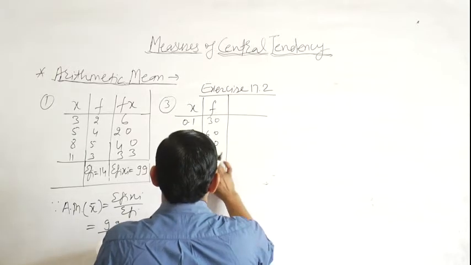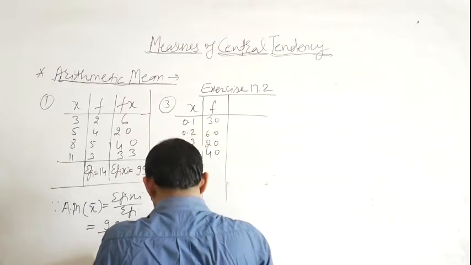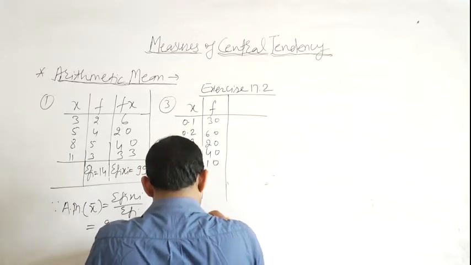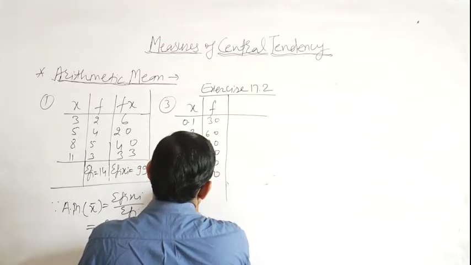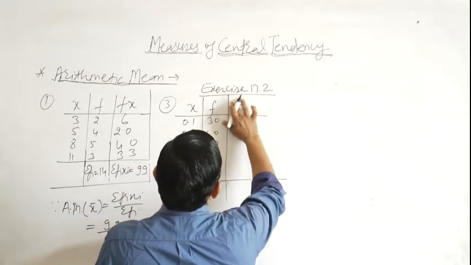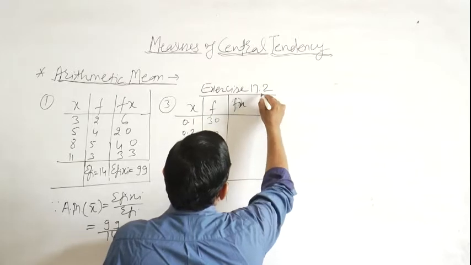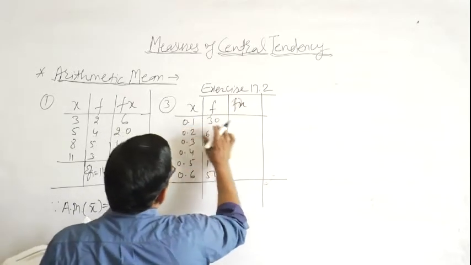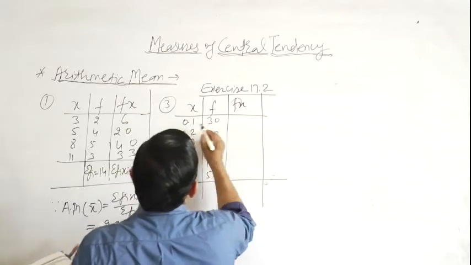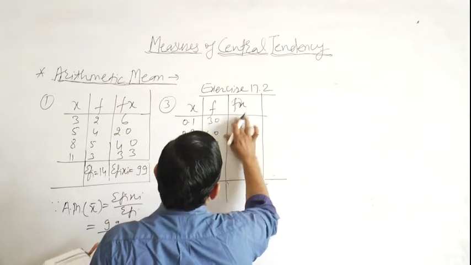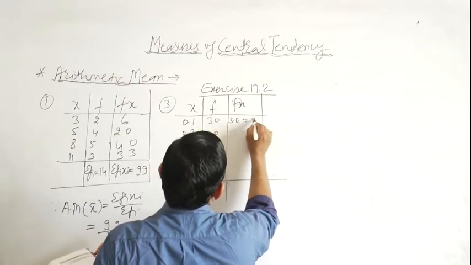Then frequency of 0.5 is 10 and 50. Again first we find out fx. So 30 multiply 1, it means 3.0, we write 3.0, it means 3.